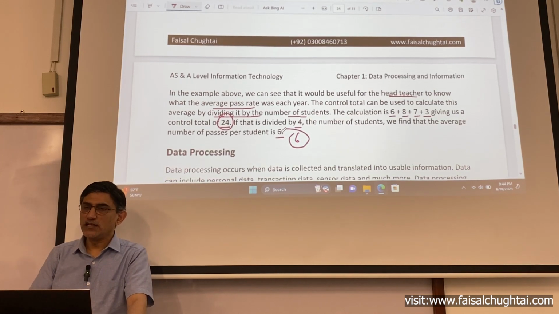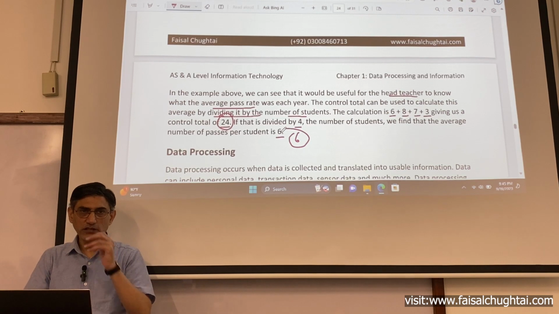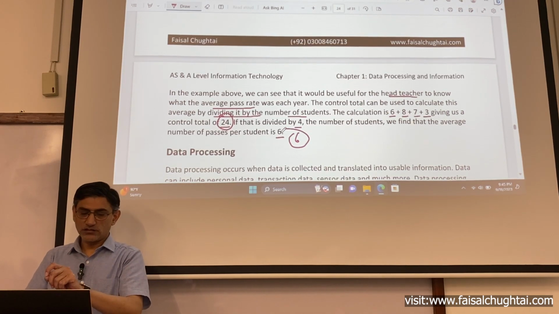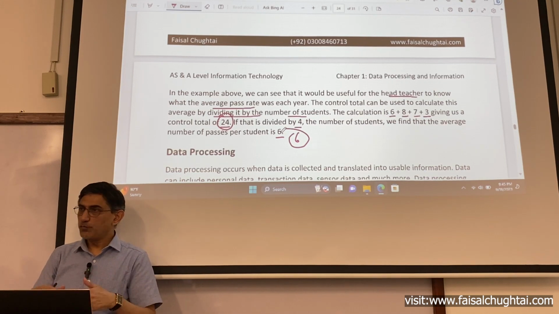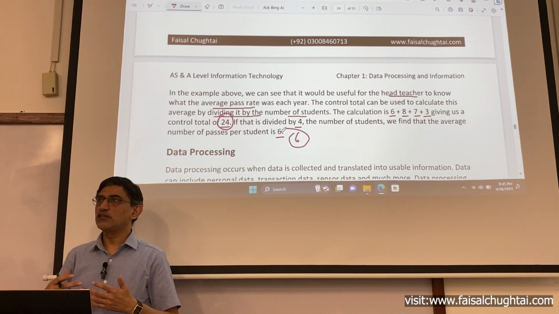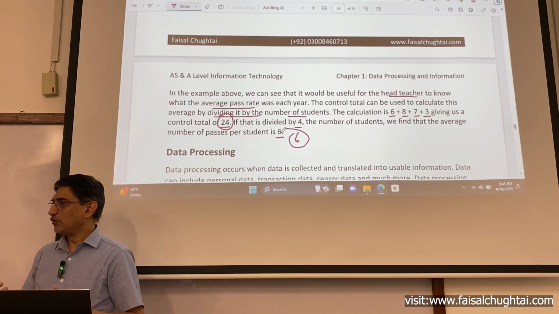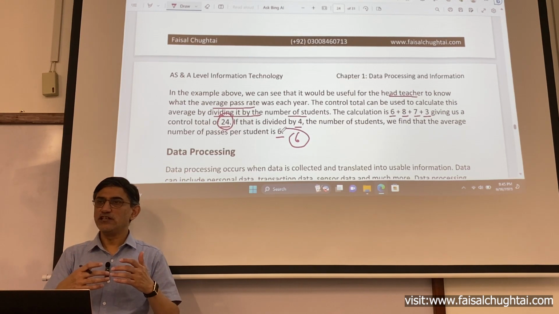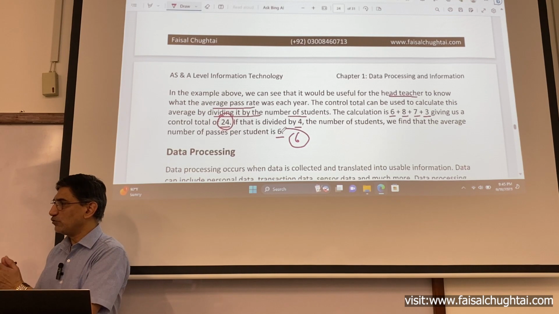All right. So yes, with all these error checking methods of verification, there is an outside chance of an error still getting through. They would pick up largely most errors, because it would only be a coincidence for that to happen, that even if the data gets changed, it gets changed in such a way that the sums or the totals or the averages come out to be the same.